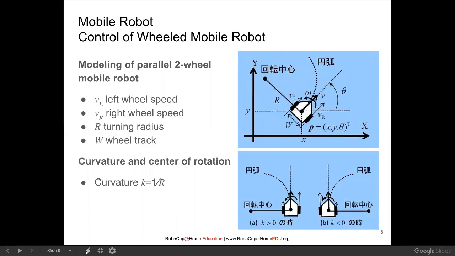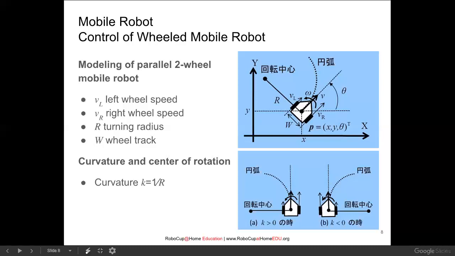Over here we are using the linear speed, which is VL and VR, the speed going to the front, not the turning speed of the wheel. But of course, we can easily calculate the linear speed from the rotation speed of the wheel.